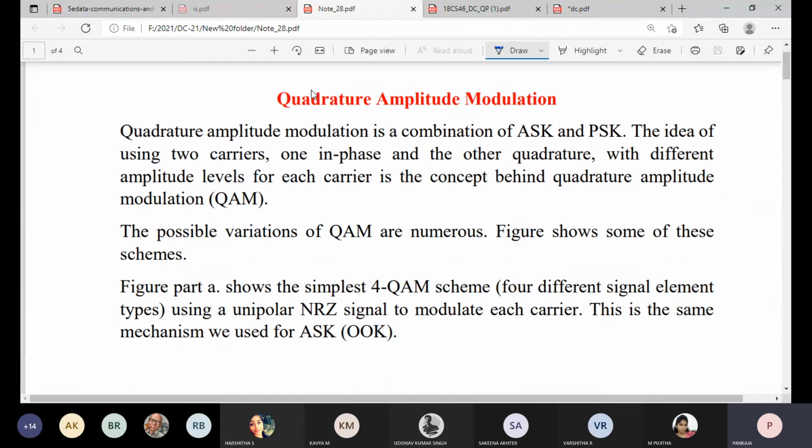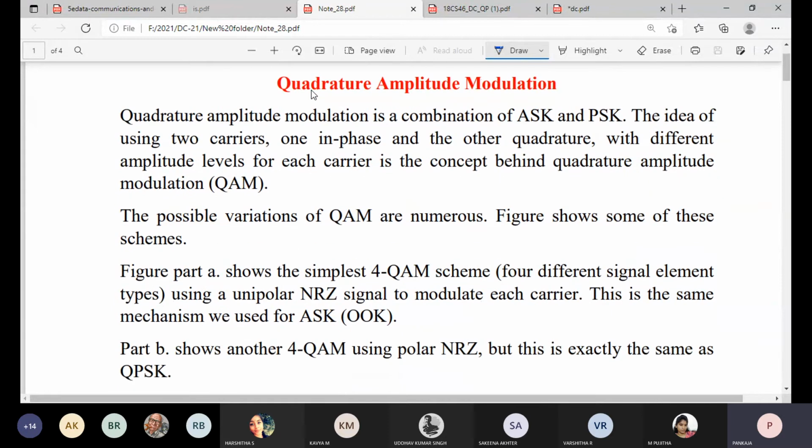I already told you in the beginning of this topic: it is a combination of ASK and PSK. That means you are going to make changes in terms of amplitude and also the phase of the signal. That is called quadrature amplitude modulation, and here the frequency is kept constant.